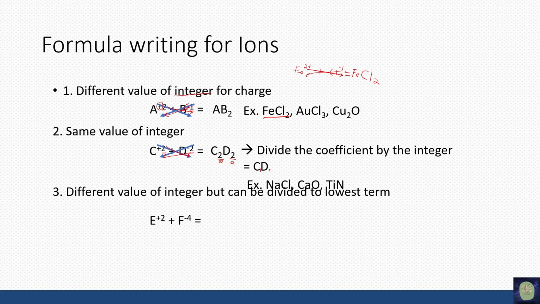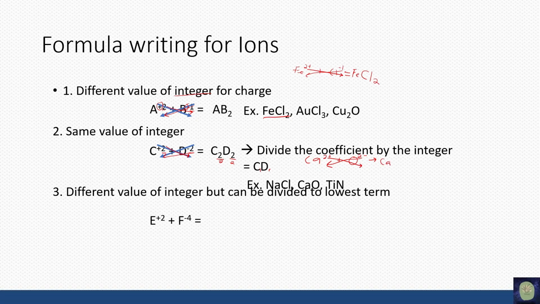So we have example here. Let's try the calcium. For example, we have the calcium, which has a charge of 2 positive, and the oxygen, which has a charge of 2 negative. So when we form the reaction, we do the crisscross.